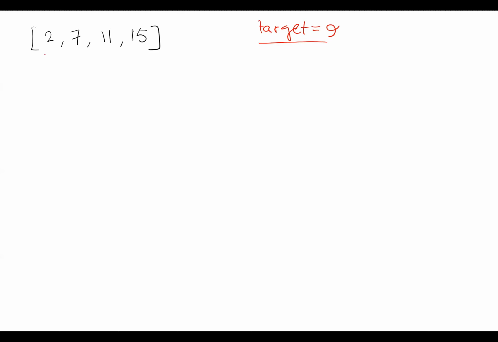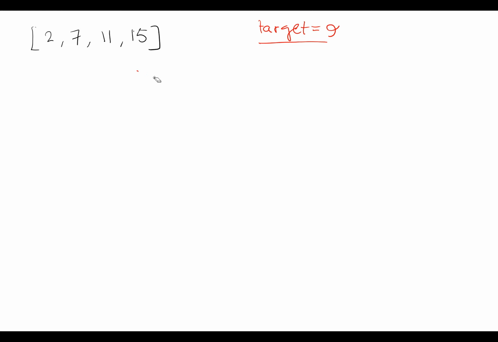If I pair every item with every other item, how many pairs would there be? Each element will be paired with n elements, and in total there are n elements, so n times n pairs. So the naive solution is order of n square. We create n square pairs and then check if their summation is equal to the target.